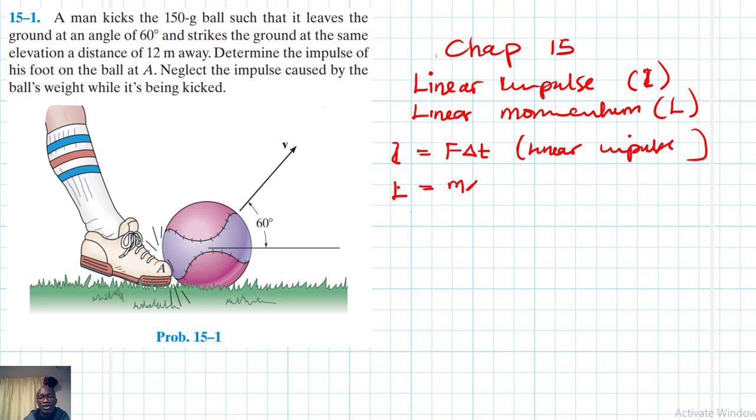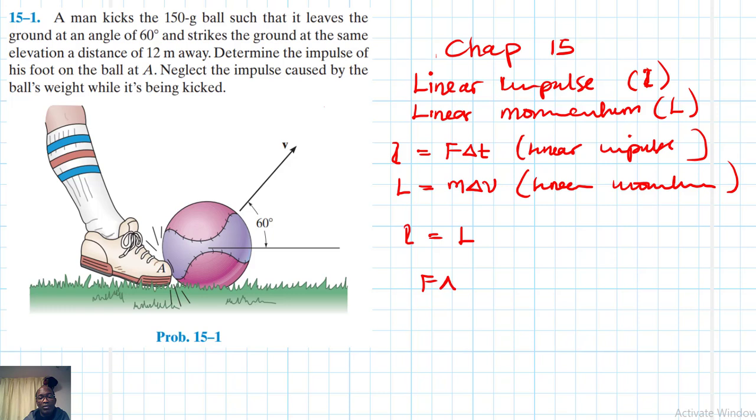This is the change in the velocity of an object that has mass. So how do the two relate? Linear impulse is equal to linear momentum.